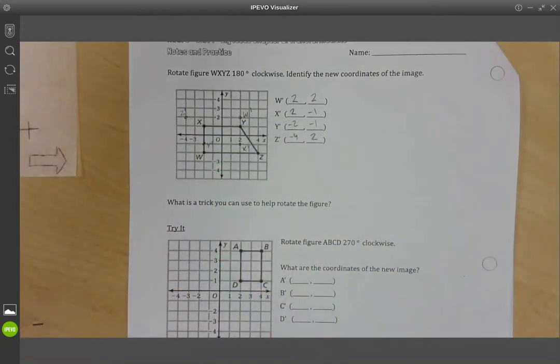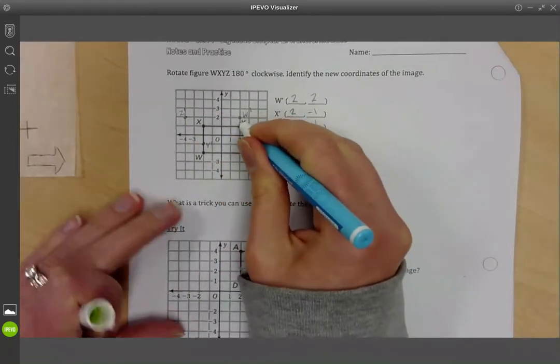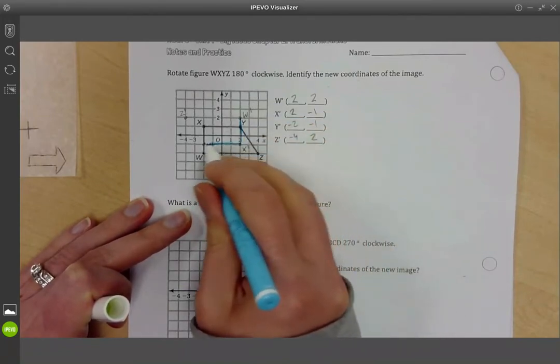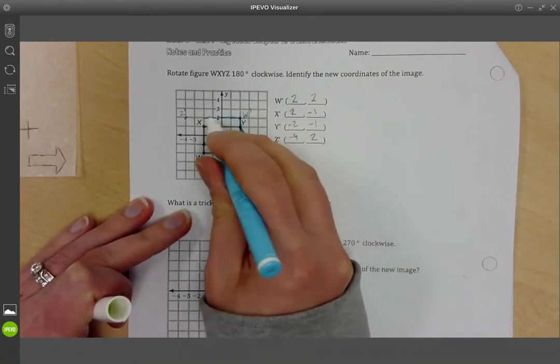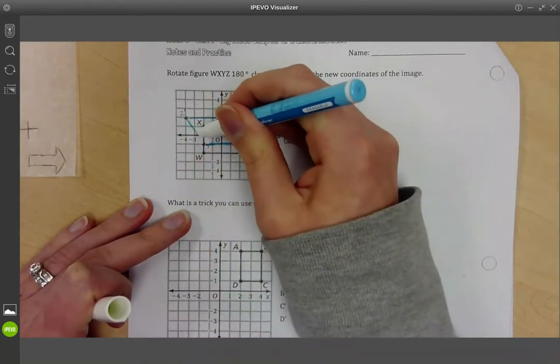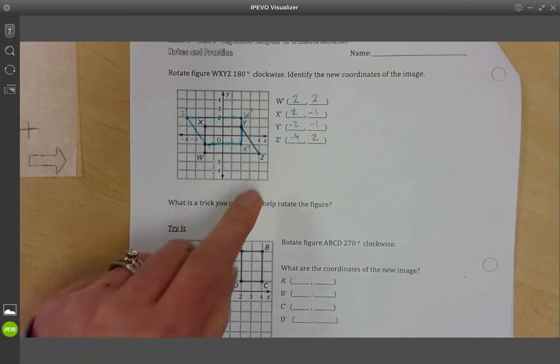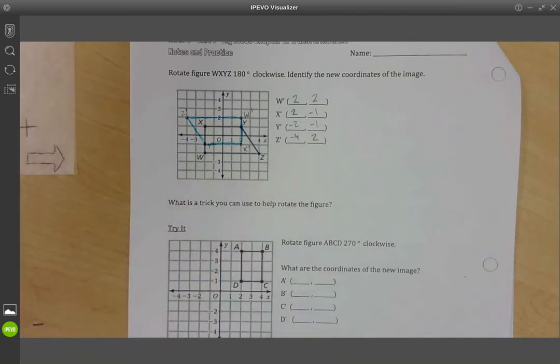Okay, so when I draw this in, you should notice this looks different than when we did the reflection over the x-axis. It is now facing the opposite direction because it did a spin instead of a flip.